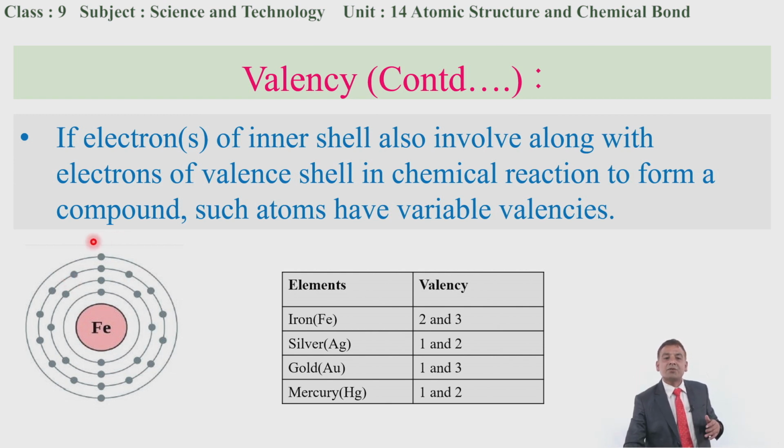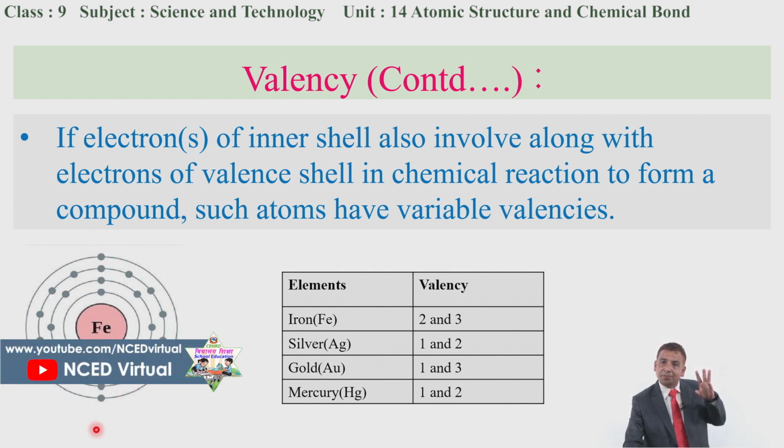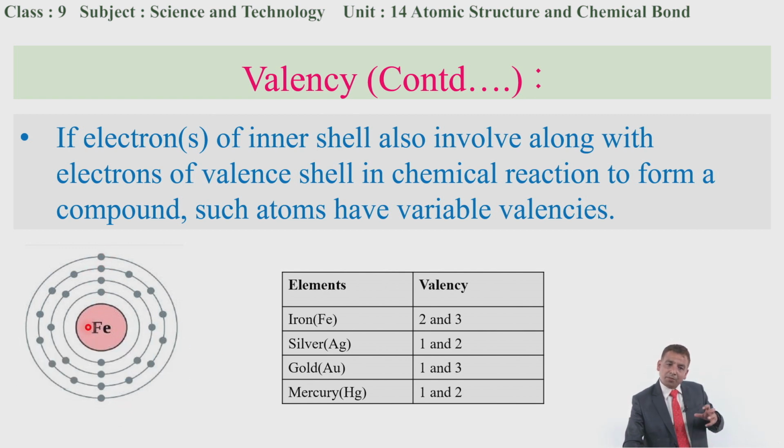In this case it shows valency 3. If these 2 electrons are lost from the outermost orbit, then it has valency 2. But if an electron of the inner orbit, inside the outermost, is also lost, then it can show valency 3 also. So you can see in the table here that iron has valencies 2 and 3, that is, sometimes it shows valency 2 and sometimes valency 3.